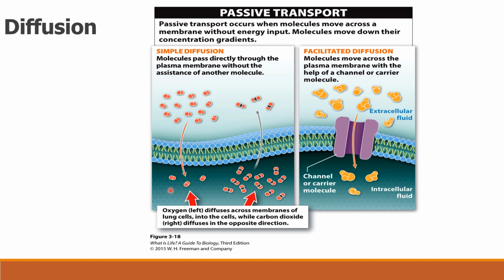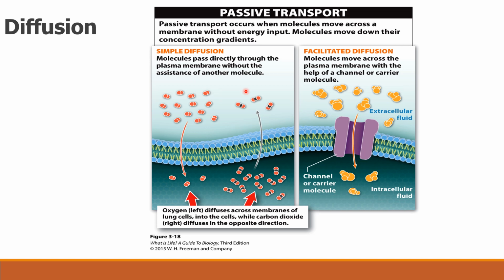And we say that those molecules are moving down the concentration gradient, or basically they're going with the flow from high to low. And that does not require any energy. Same thing right here. Let's say those molecules want to exit the cell. They're going to exit the cell directly through the plasma membrane from a high concentrated region to the low concentrated region. And again, no energy is required.